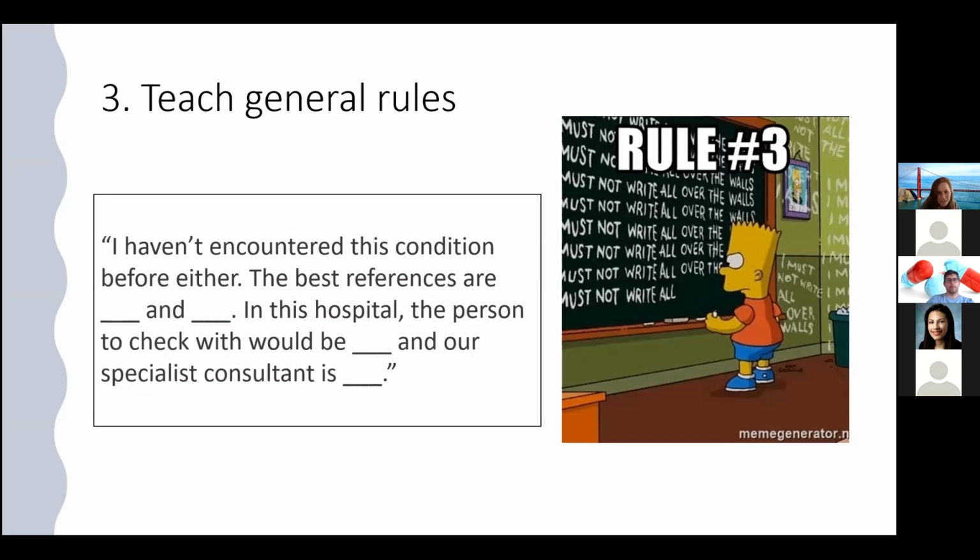The best references are blank and blank in the hospital. The person to check with would be blank, our specialist is blank. So really linking them in and encouraging a multidisciplinary feel for them. So you can also offer mnemonics to help them remember things, really giving the big picture here with the teach general rules.